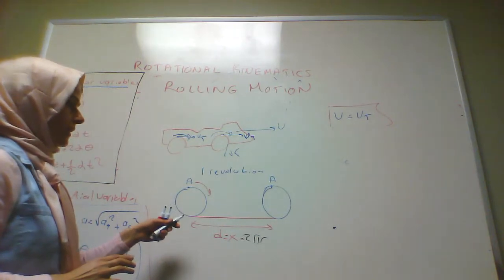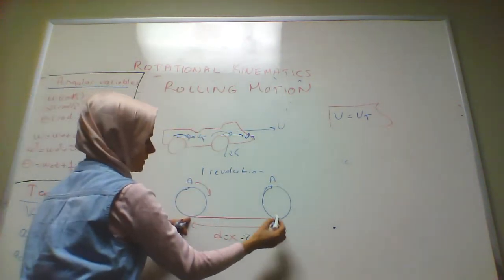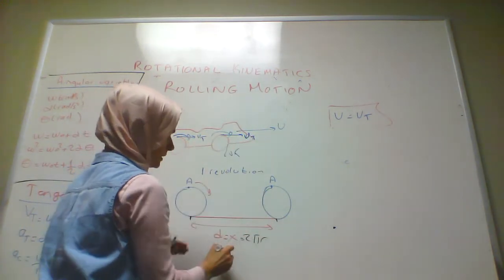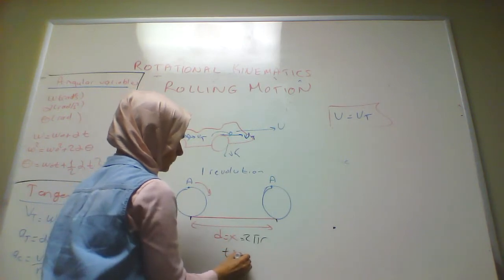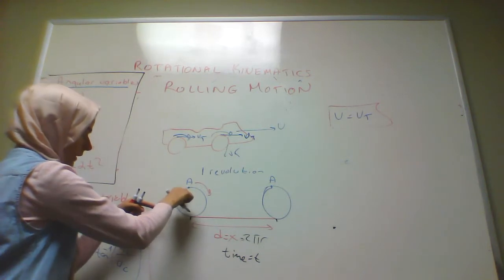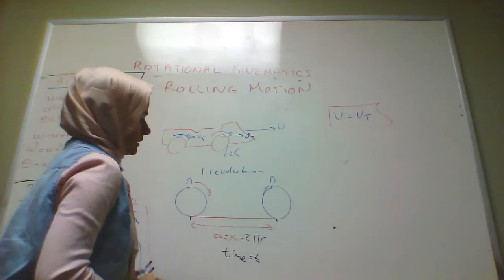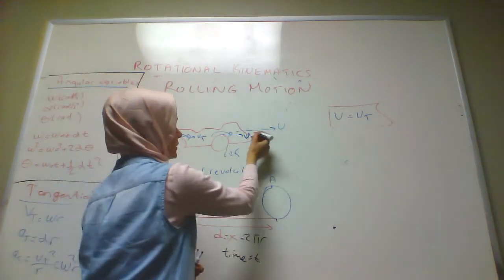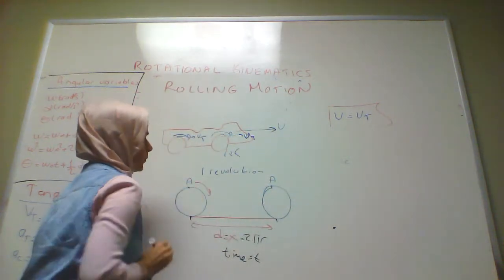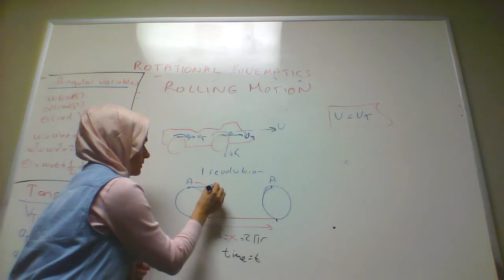This is for the tire, and as the tire rotates in this direction, this is the distance the car travels. So the distance the car travels in a certain time, let's say the time is t, is equal to the distance point A travels around the tire, which is why we always have the linear velocity of the car equal to the tangential velocity of any point along the edges of the tires, Vt.